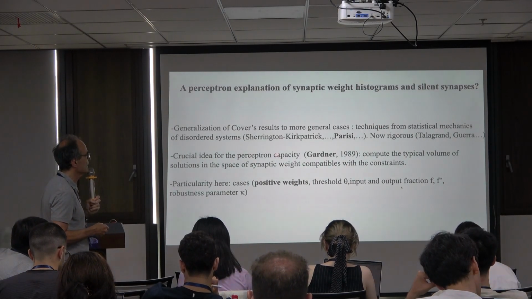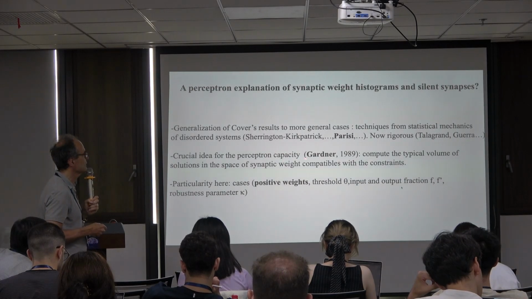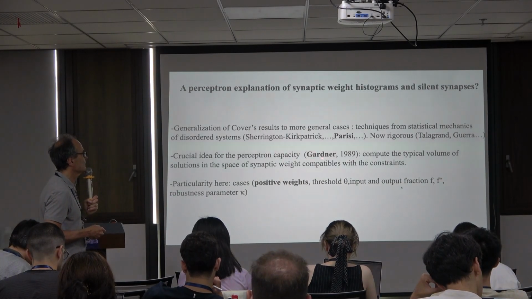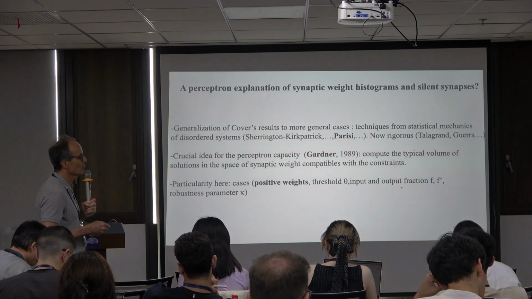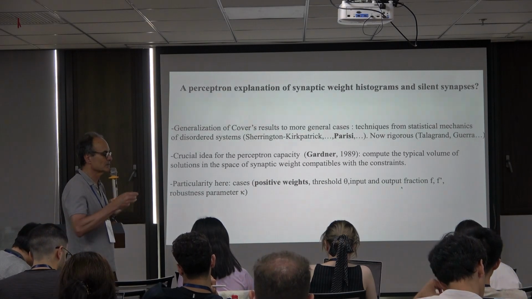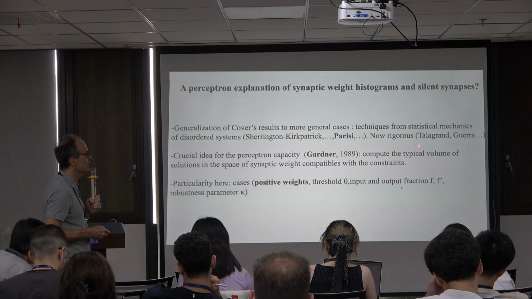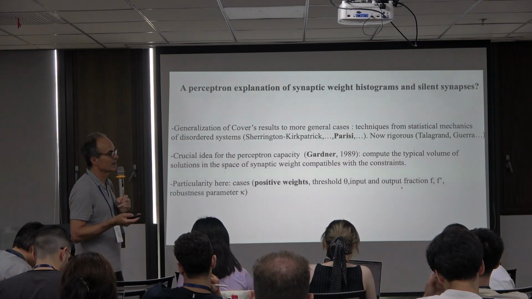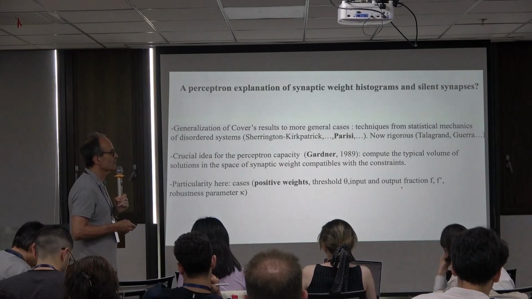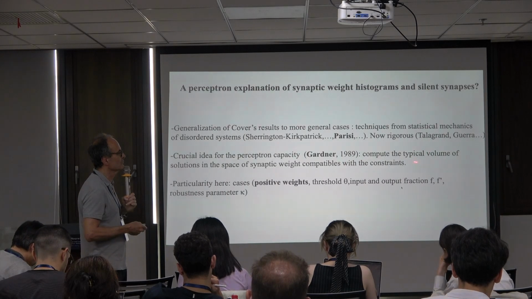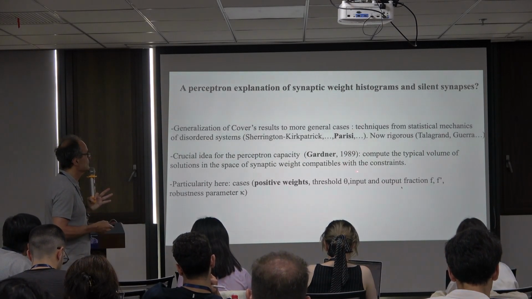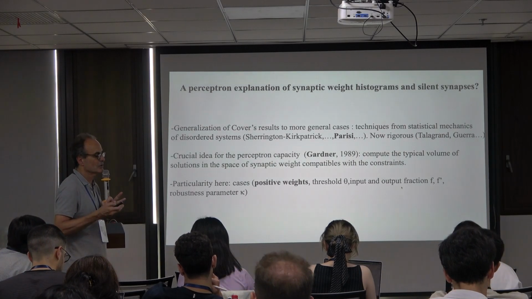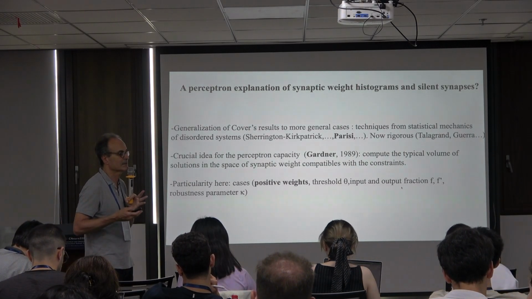The crucial idea for the perceptron capacity was put forward by Elizabeth Gardner a long time ago. You have all these possible synaptic weights, so that's a space of synaptic weights, and now if you have associations, they give you constraints. So the idea is to compute the volume in synaptic space that is compatible with the constraints. Of course, if the volume is zero, it means that there is no solution.